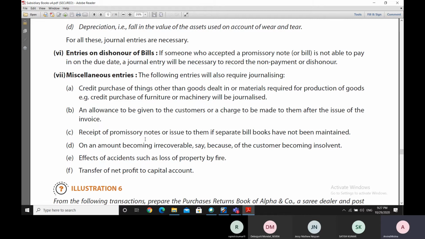So examples could be credit purchase of furniture or machinery, because furniture or machinery is not a good, is not a material which is either required for the production of the goods in the factory, or even goods which are dealt in by that business.